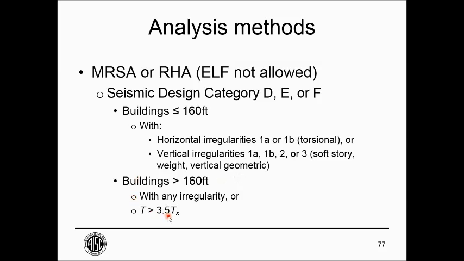You can't use the equivalent lateral force procedure. Especially for these taller buildings, the higher modes become more important, and the equivalent lateral force procedure doesn't really address the higher modes. So it's not the right procedure anyway, regardless of whether it gives you conservative or unconservative results. It really doesn't represent the building behavior.